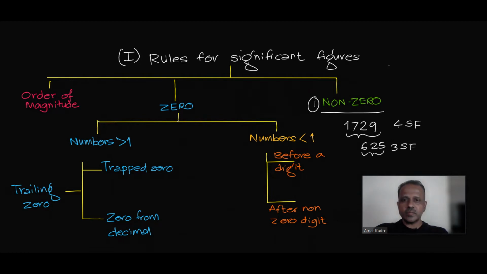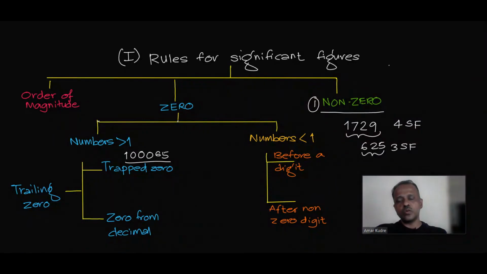Now sometimes 0 comes in between two non-zero digits. That is, a 0 or more than one 0 is trapped between two numbers. For example, consider the number 100,065. How many significant figures are there in this case?